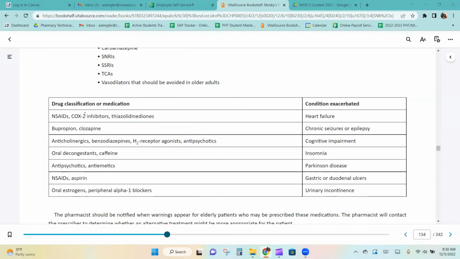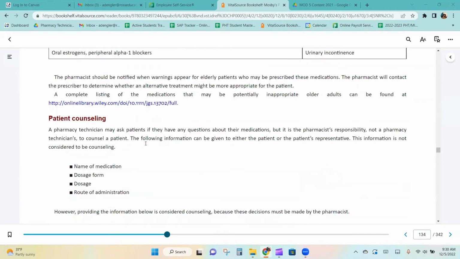So this chart lists some of the different classes of medications and the condition they can exacerbate. So NSAIDs and aspirin can exacerbate gastric or duodenal ulcers, and all of the other ones.